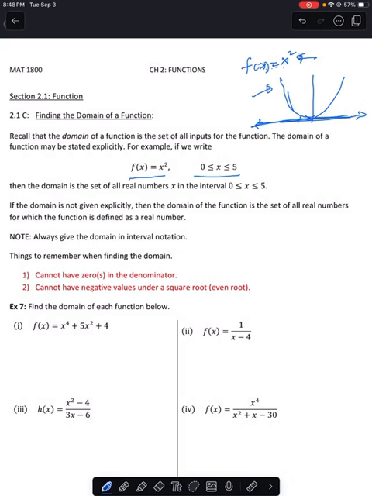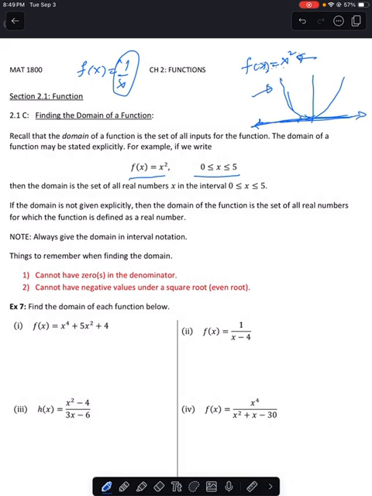So if the domain is not given like this, then we will assume that the domain of the function is the set of all real numbers for which the function is defined as a real number. For example, if you have f of x is equal to 1 over x, now we know that any value of x will give us a real number if we plug in here.